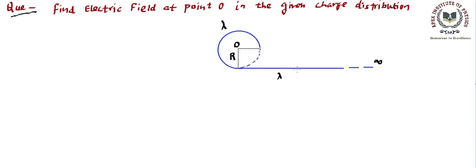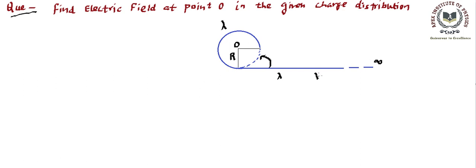Now if we replace this infinite part by this, then we will say the effect of this semi-infinite linear charge will be the same as that of this quarter of the ring, and vice versa. So that means instead of finding the field for the original configuration, we can find out the field because of this new configuration.